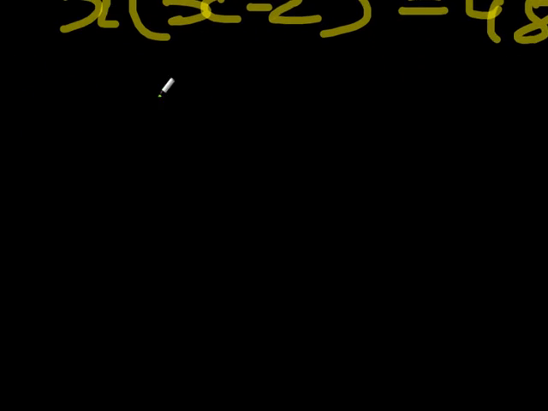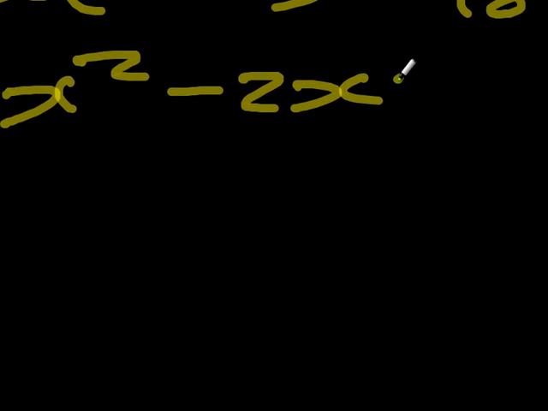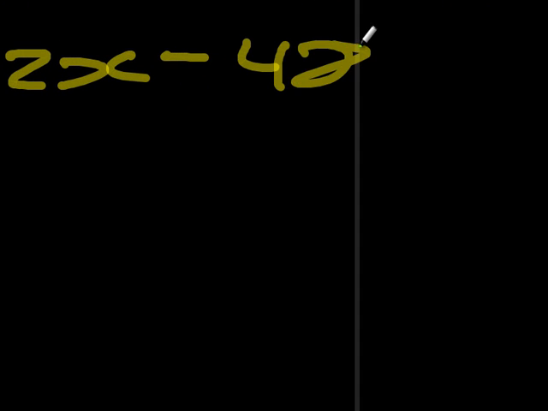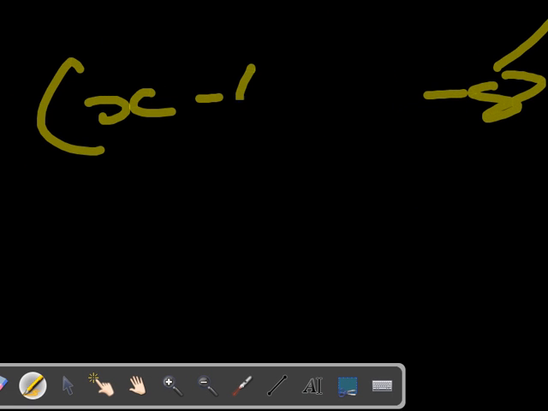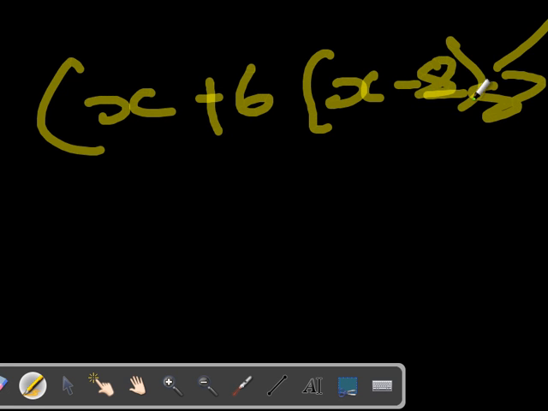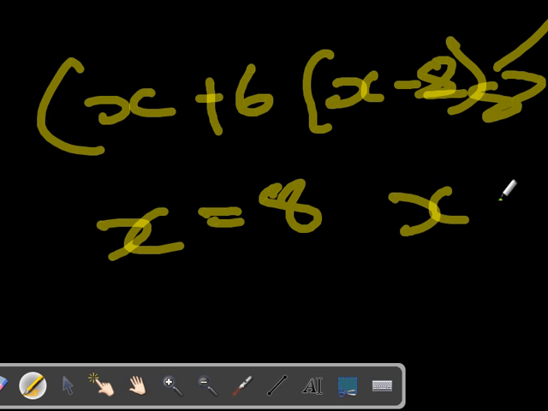And then x squared minus 2x minus 48 is equal to 0. So we have a quadratic equation here. Then we factor this, negative 8 and 6, and then we get (x minus 8)(x plus 6), and then x is equal to 8, x is equal to negative 6.